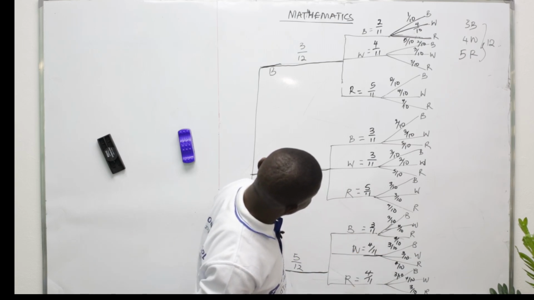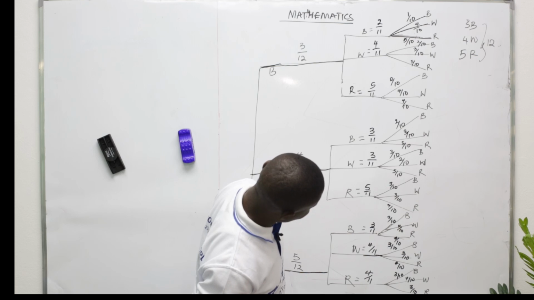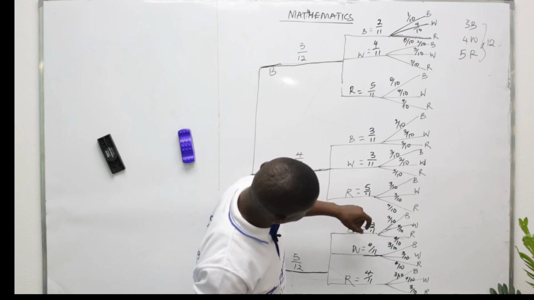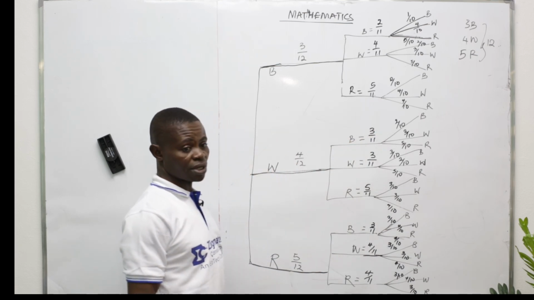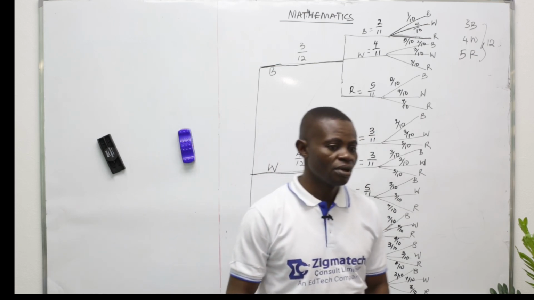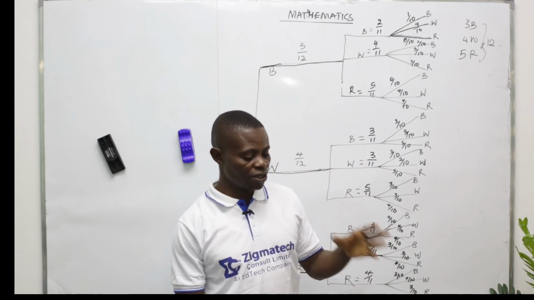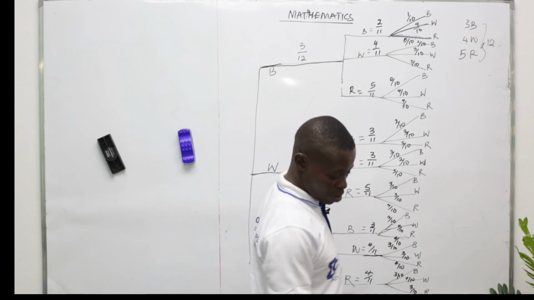Then look out for 2 over 10. 2 over 10 in each. This 2 over 10 is also here. Okay, let's go straight to the question. The question is, what is the probability of obtaining 1 of each color?